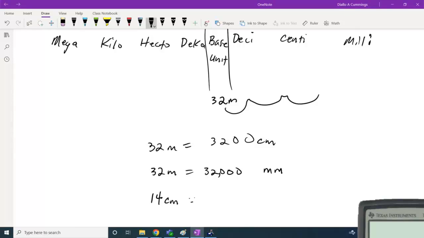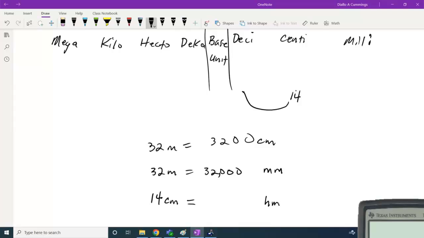14 centimeters is equal to how many hectometers? Remember, for hecto, that symbol was H, and then my base unit of M. In order to figure this out, I would first locate 14 centimeters. This time I have to move my decimal to the left.